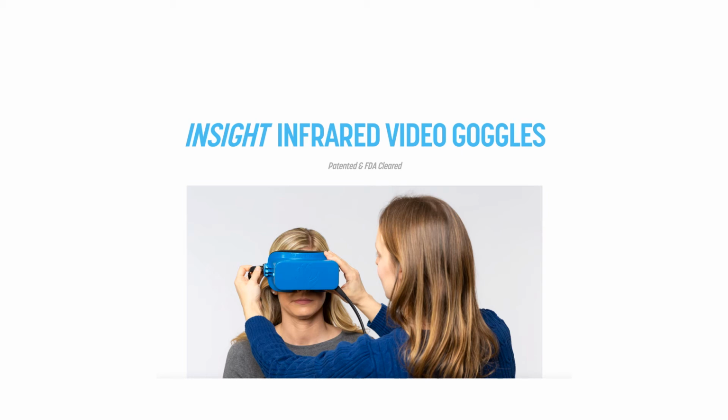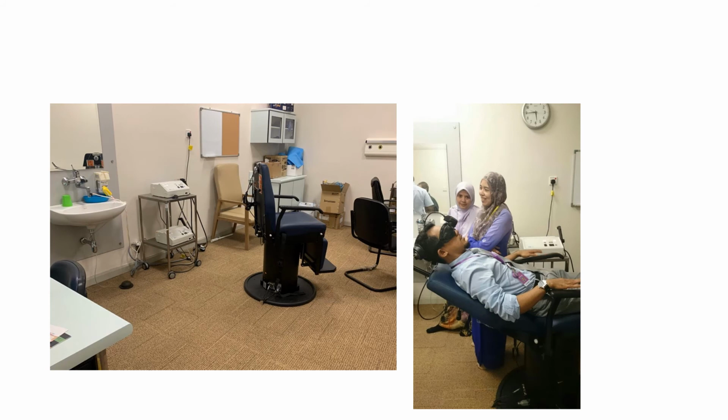It costs about 1,500 US dollars. This is one example of a vestibular setup in specialist level care. It has a rotary chair, video goggle, caloric stimulator, and this is me trying out the system.